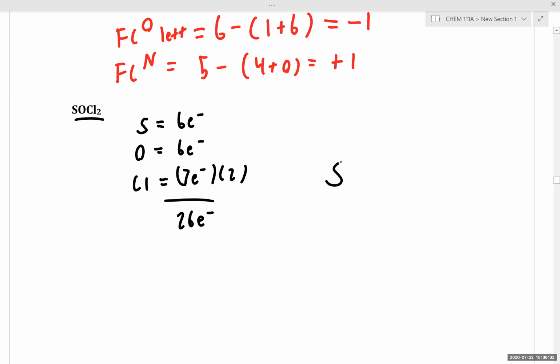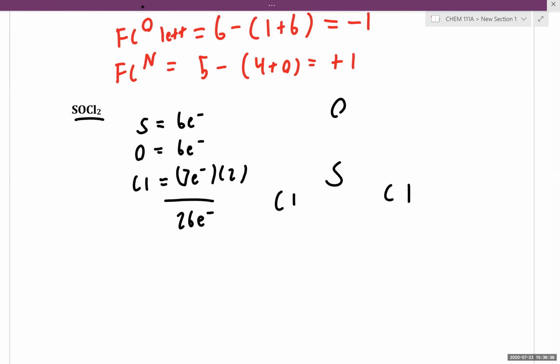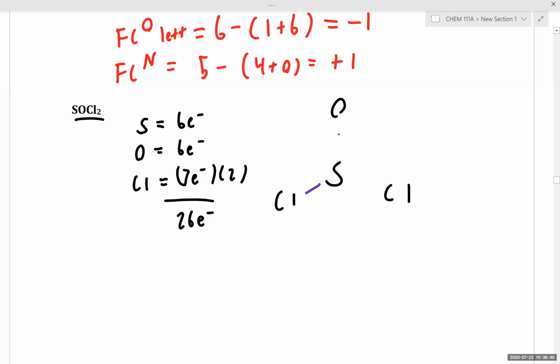Sulfur, yep. So sulfur is going to be our central atom. We surround it with our remaining atoms, and then we form 1 bond each. 1, 2, 3. That gives us 20 electrons.